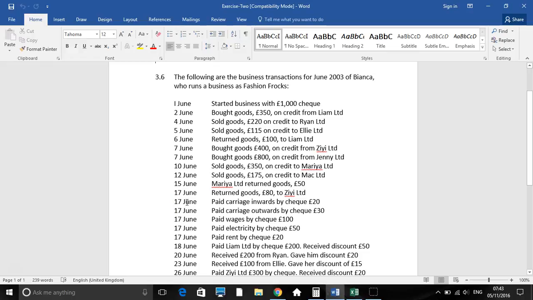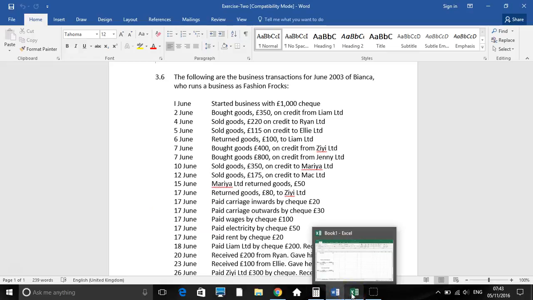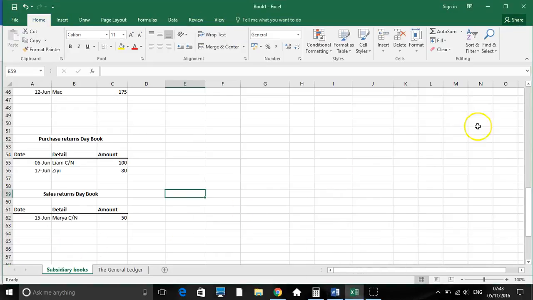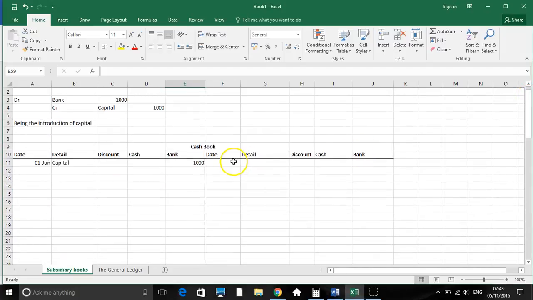That's just to do with cheque payments. So let's look at that. On the 17th of June, we paid for the goods to come in, and that's what's referred to as carriage inwards. So we wrote a cheque out for the goods to come in. Just maybe a straightforward delivery charge, and that of course comes straight back to the cash book, right? So on the 17th of June, carriage inwards, and we paid £20 straight away.